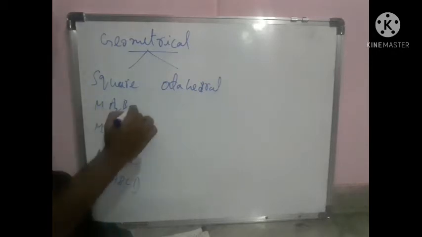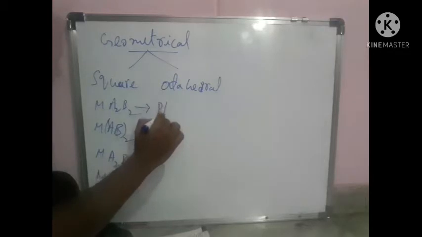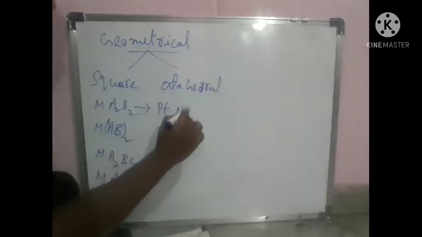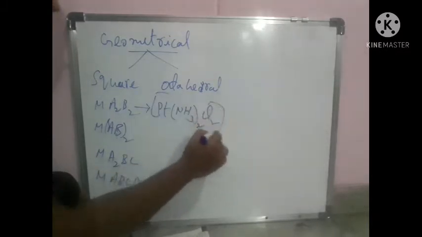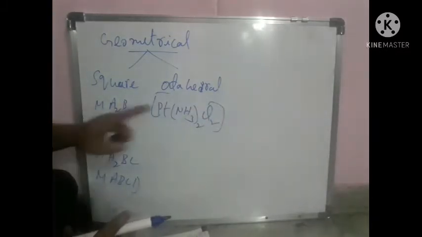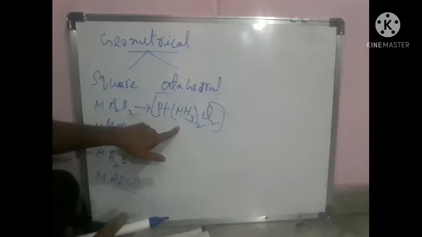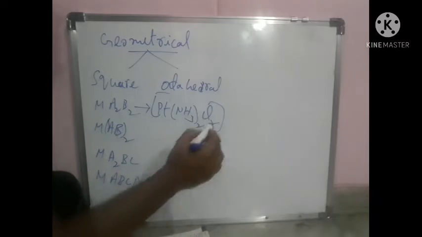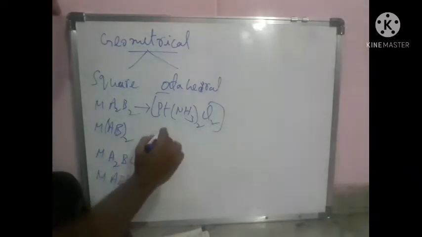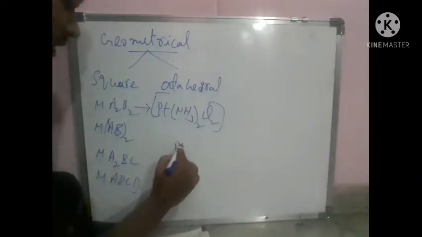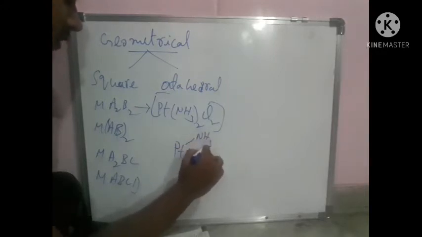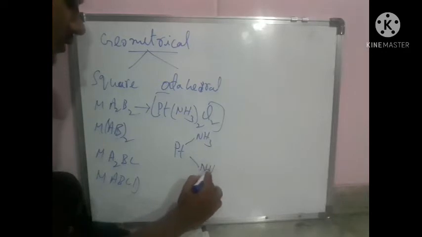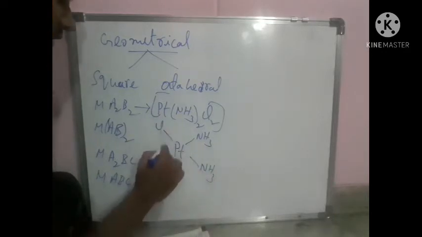Now Ma2B2. If you take diamminedichloroplatinum(II), it exhibits cis isomer and trans isomer. Cis isomer of this compound is utilized in cancer treatment, and trans isomer is also there. So what is cis isomer? Platinum with NH3 and NH3, and Cl and Cl.